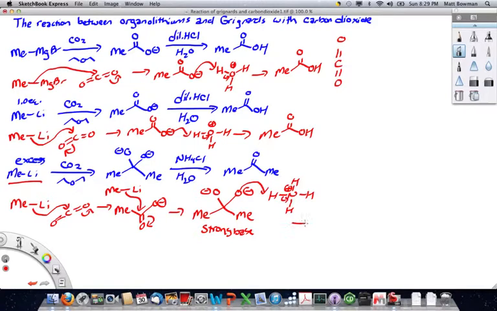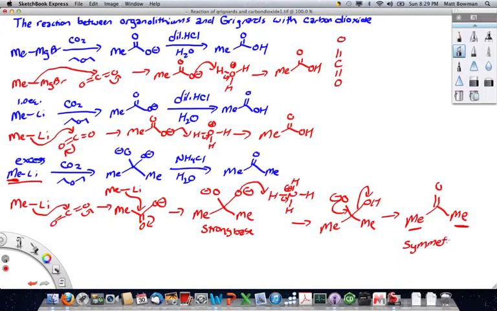And once you protonate one of those O minuses, you have this situation where you can swing these electrons down, kick that OH off, and you get your ketone, where the groups off of the ketone are the same, and they match whatever was attached to the organolithium. This is a way of forming symmetrical ketones.